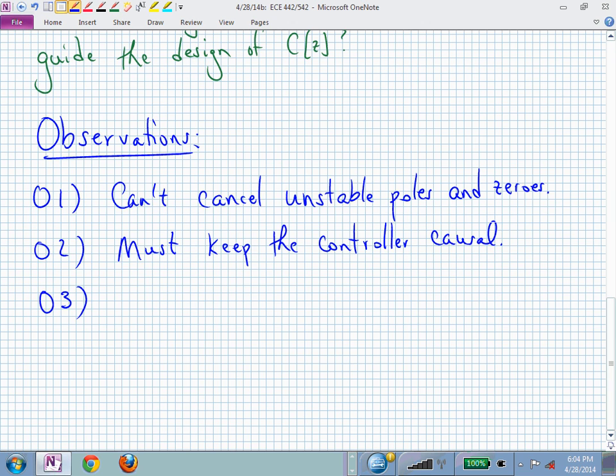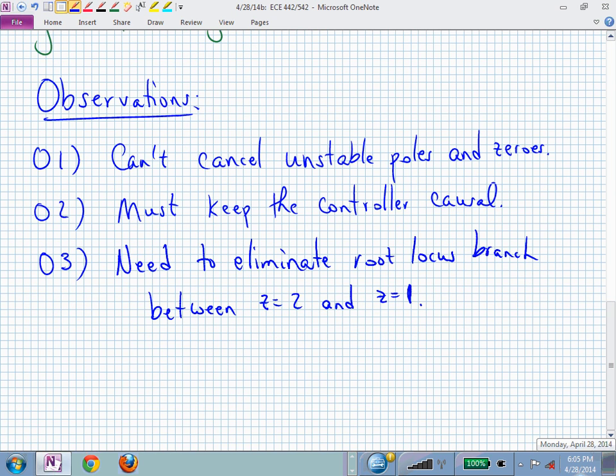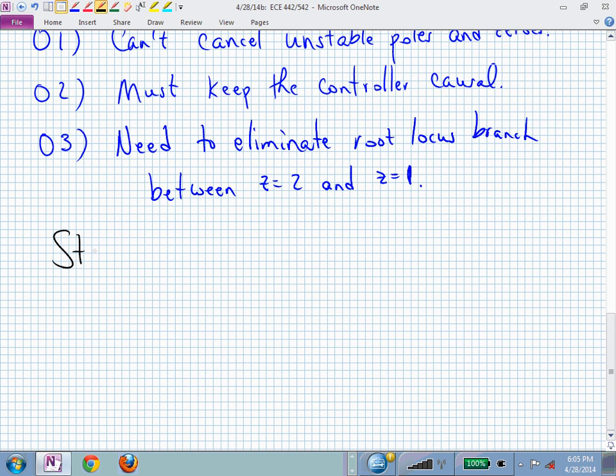Observation 3 says we need to eliminate or remove the root locus branch between z equal 2 and z equal 1. Those are our observations. Now let's try some strategies.